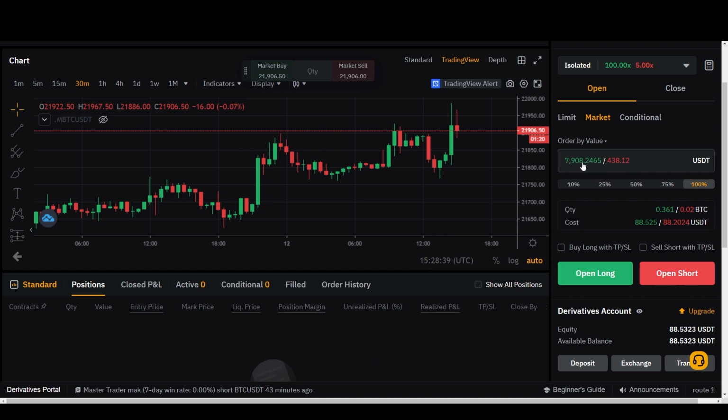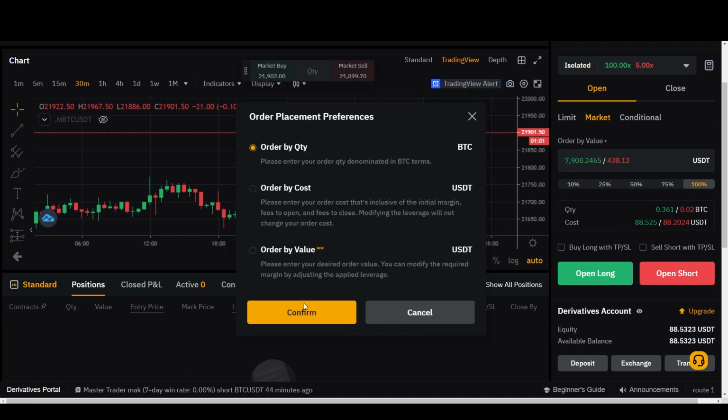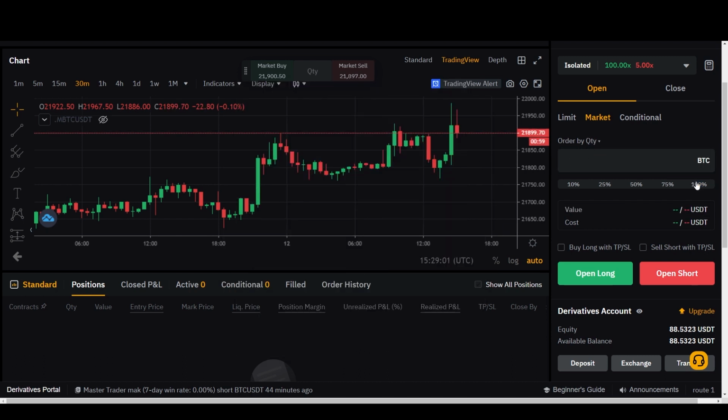Because this number has now changed because it's this. It's like this is the most I can do for whatever this Bitcoin amount is at this price. And I think when you add in the fees and stuff, I guess. Because if I tried to go higher, it would cost me 88.55.